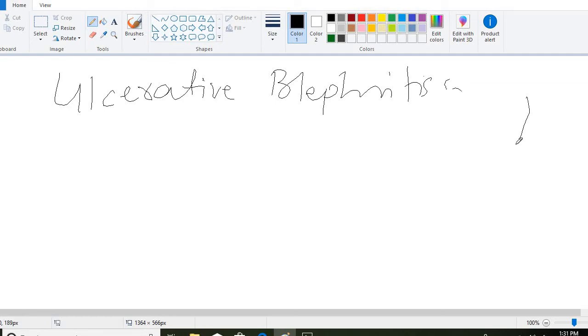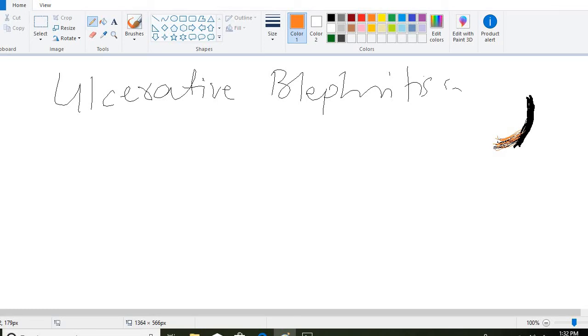Suppose this is the eyelid, and these are the eyelashes. So infection of the lash follicle associated with the gland of Zeis and gland of Moll causes blepharitis.